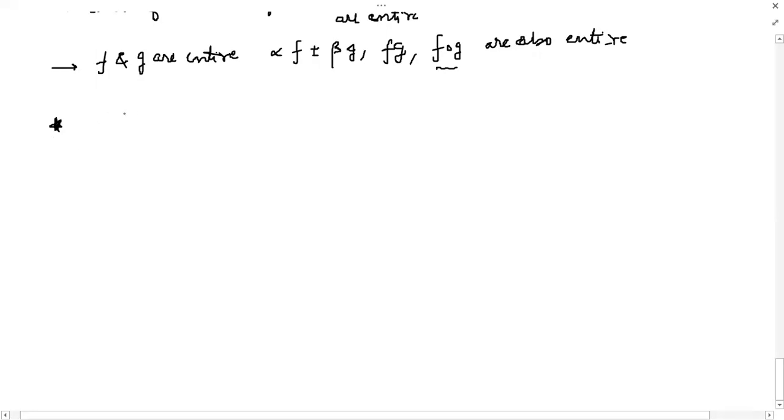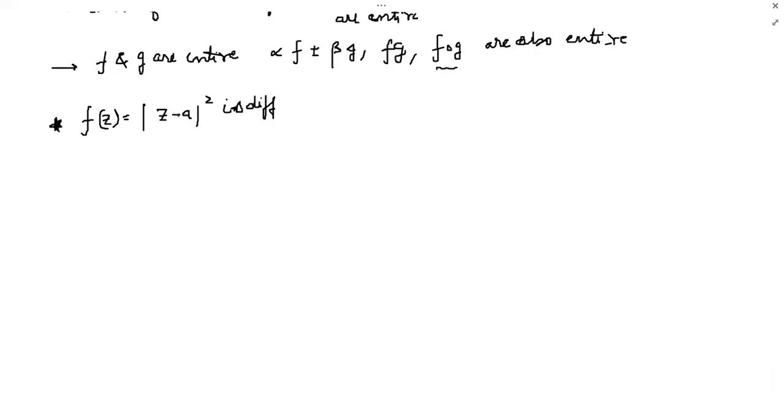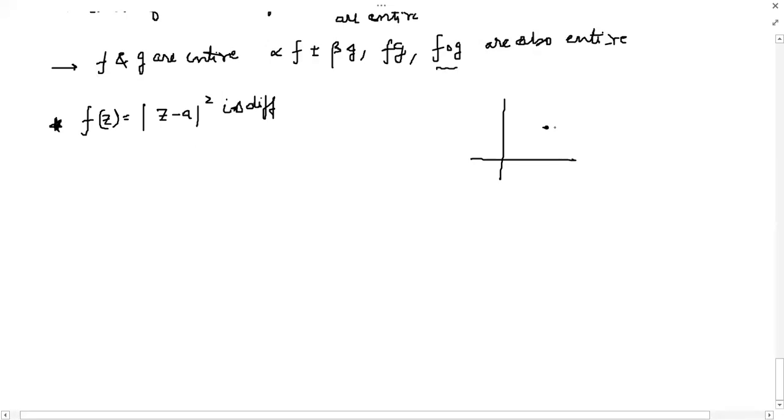So let me take an example. Let's say f(z) is equal to mod z minus a, whole square. Now this is differentiable at a. I told you this serves as an example which is differentiable only at a point and nowhere else. So if A is some point in the complex plane, it is differentiable at point A. But is it differentiable anywhere else?